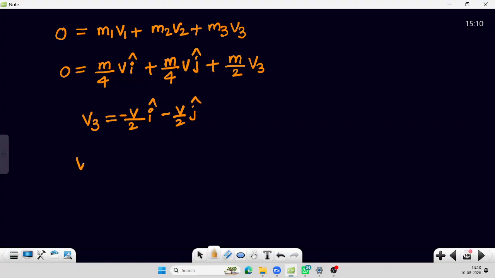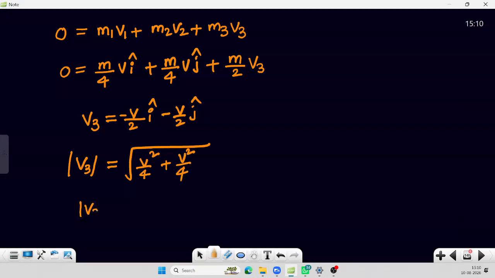So what is the velocity of the third particle? We take the magnitude, which is the square root of V squared by 4 plus V squared by 4.